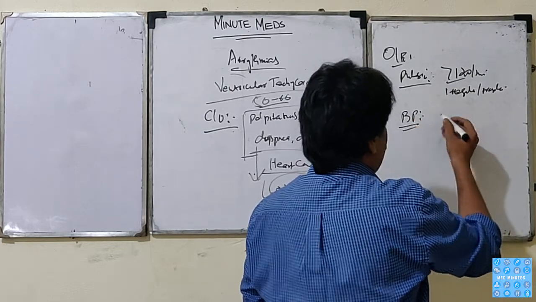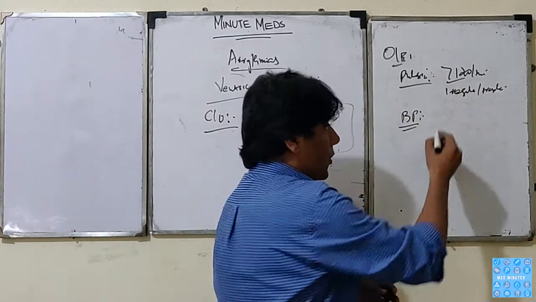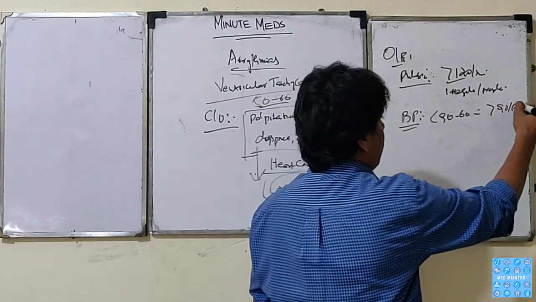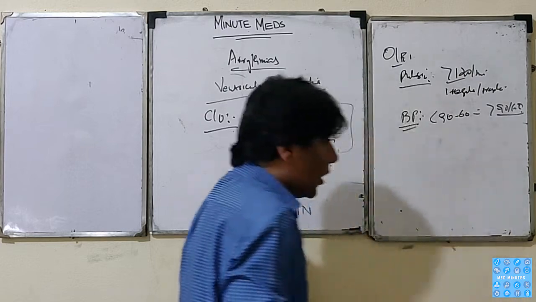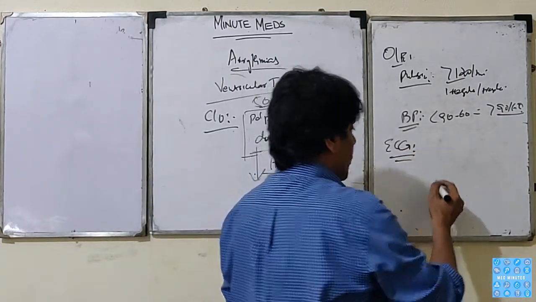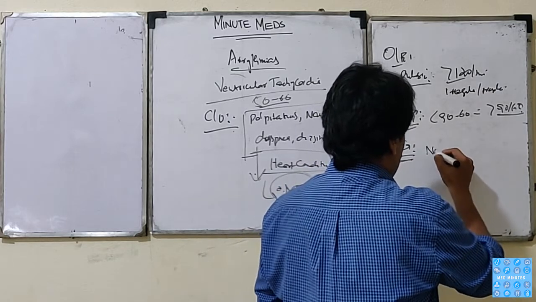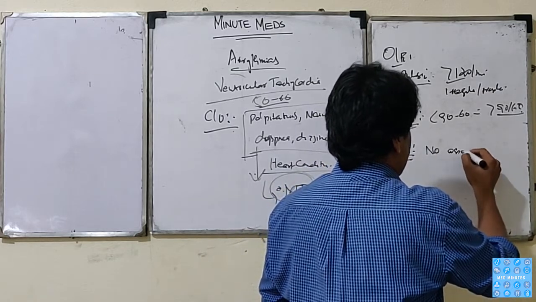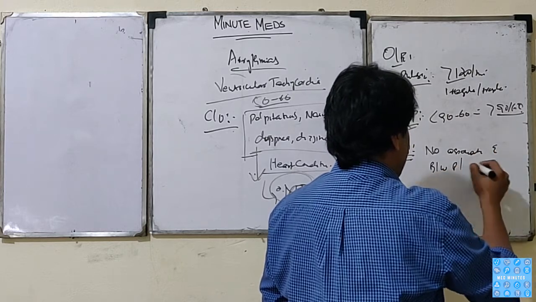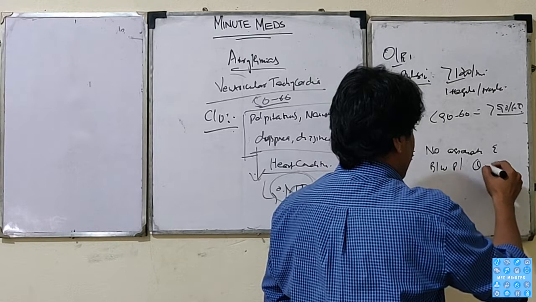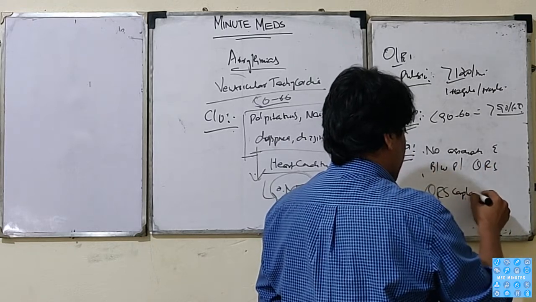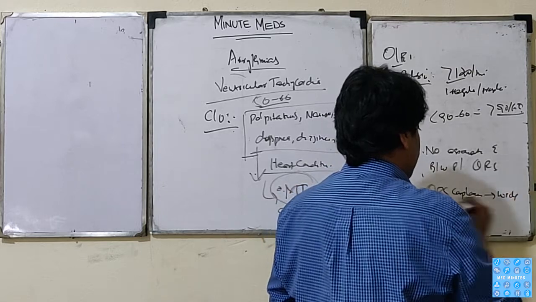Look at the blood pressure, check hemodynamic stability, that would range from less than 90/60 to more than 90/60. And the ECG shows no association between the P wave and the QRS complexes, and the QRS complexes are wide.